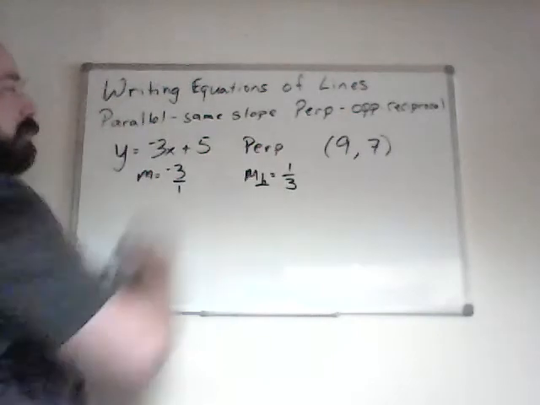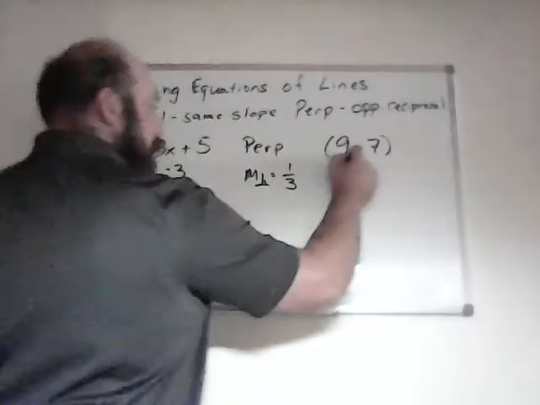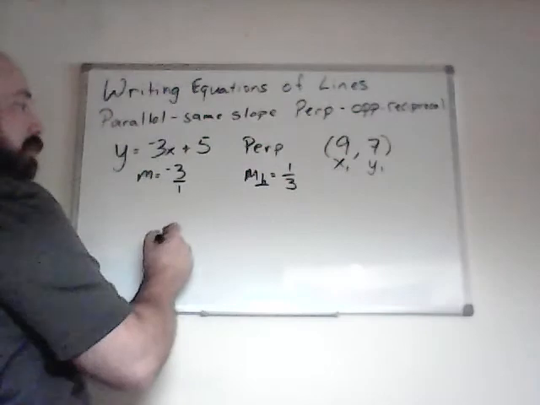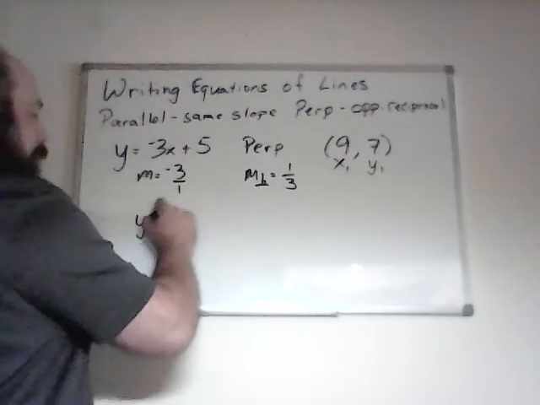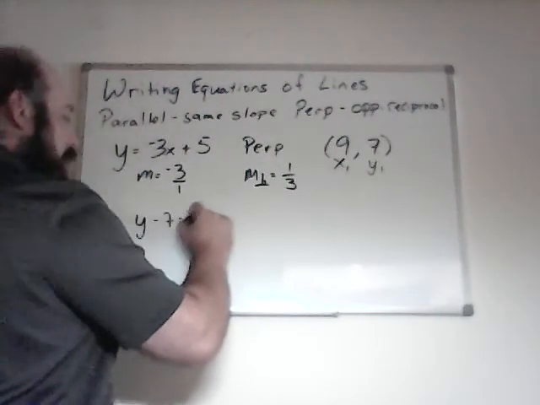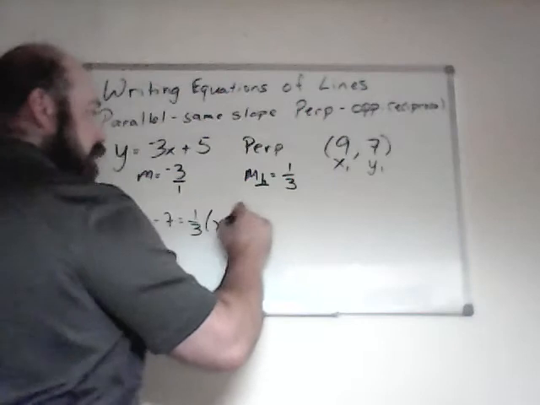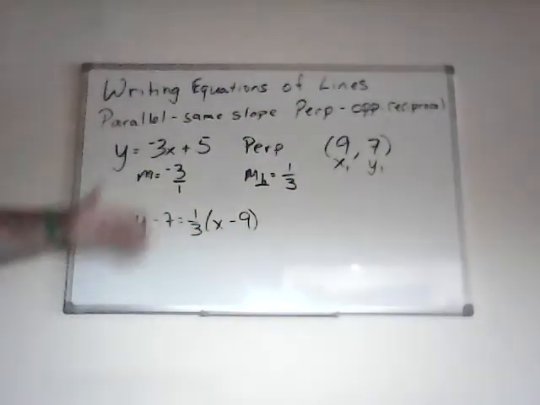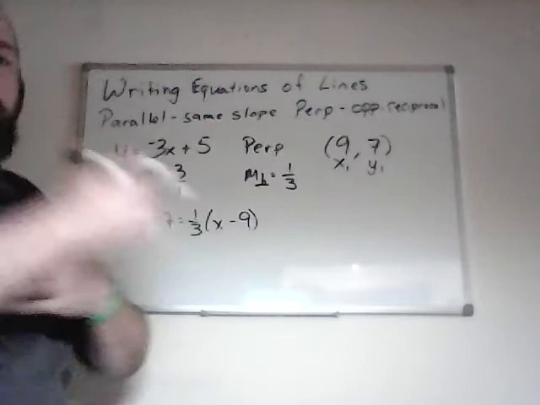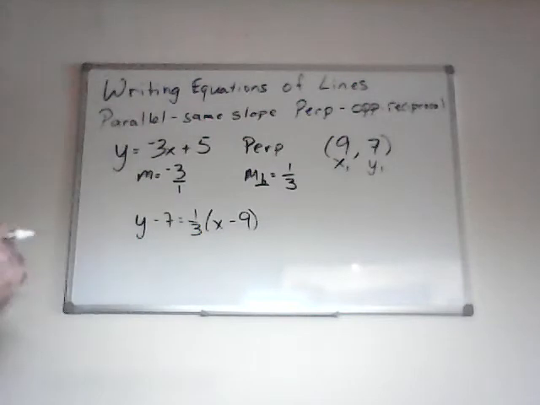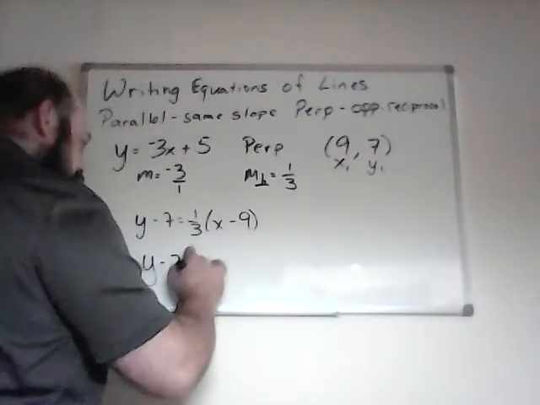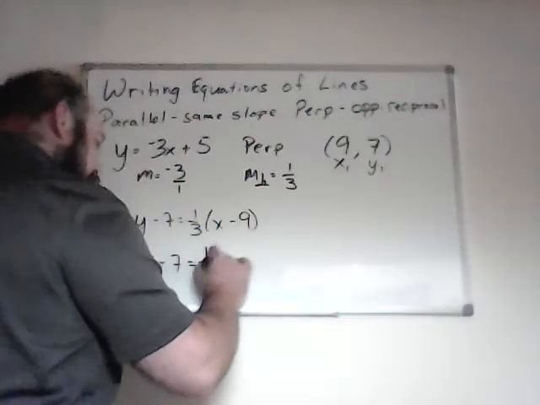So now I know the slope of my perpendicular line, and my x1, y1. I do exactly what I did previously. Y minus 7 equals 1/3 times x minus 9. Okay, there were no negatives here, so I didn't have to worry about any of the signing. So this is going to be y minus 7 equals 1/3 x.